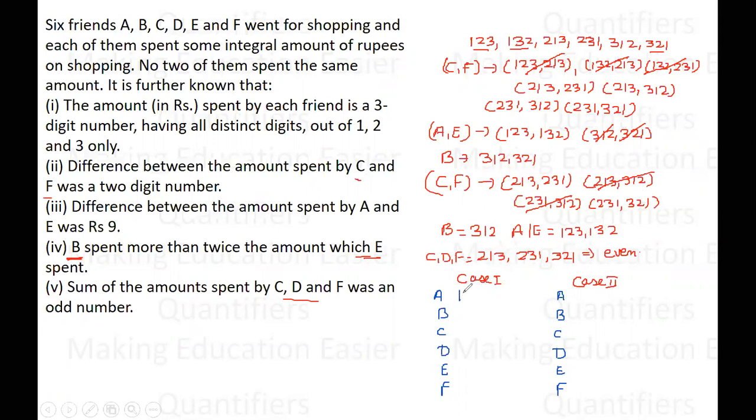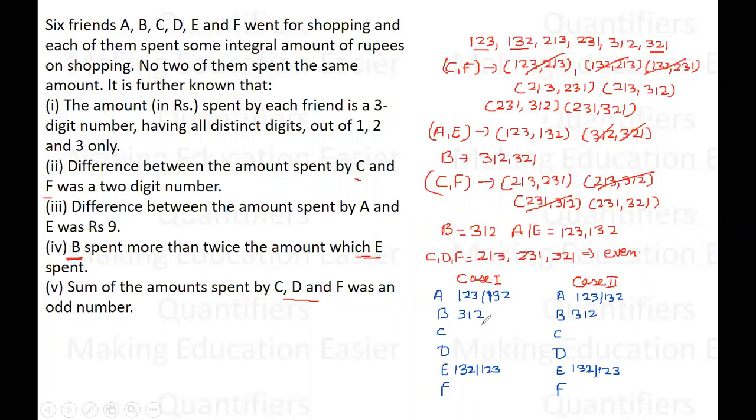So if A is spending 123, E will spend 132, or the other way around. B can spend only 312 in both the cases. Also here the case for A is the same, 132 and 123.